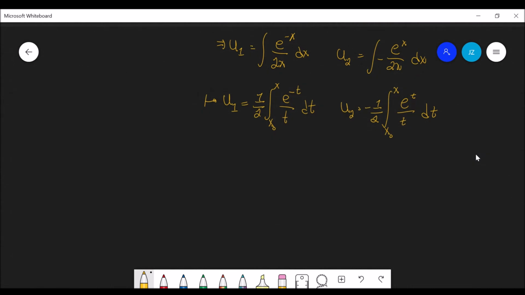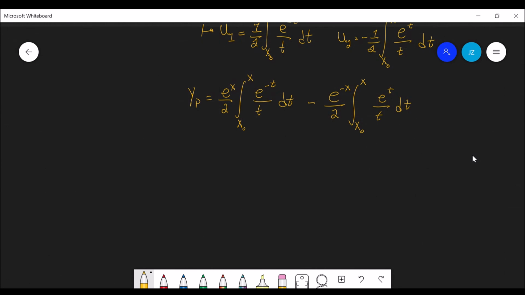This gives us a particular function, y1 times u1. So we get e to the x over 2 times the integral x naught to x of e to the minus t over t dt, plus y2 u2, so minus e to the minus x over 2 times the integral from x naught to x of e to the t over t dt.